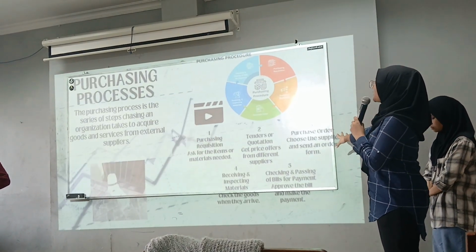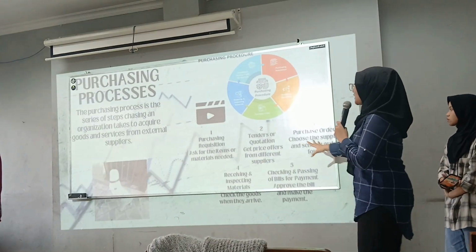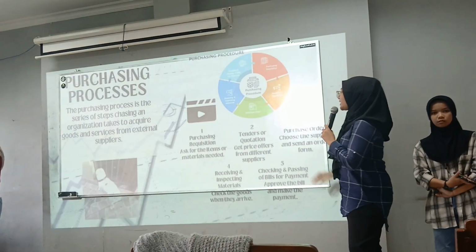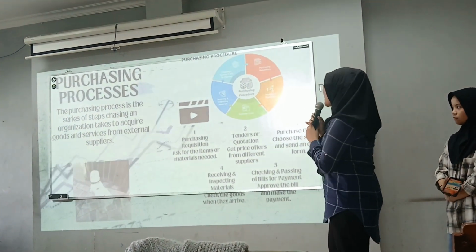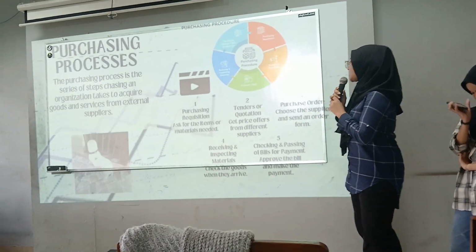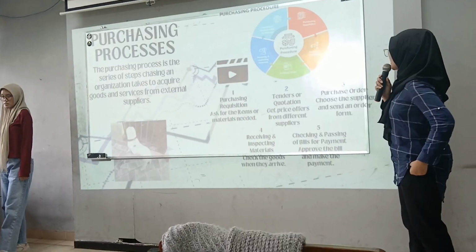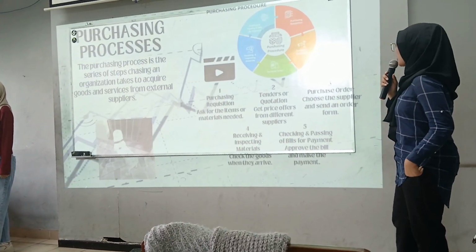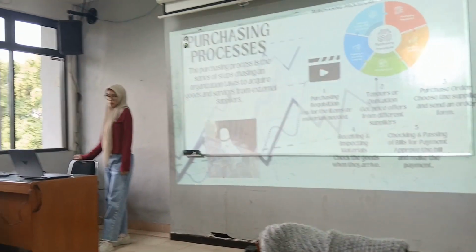This is the purchasing procedure. Step 1 is purchasing requisition: ask for the items or materials needed. The second is tender or quotation: get price offers from different suppliers.